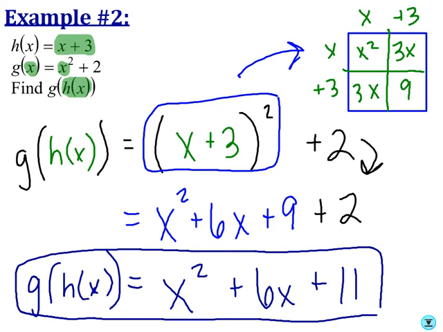Always use parentheses. If you have negatives, sometimes those get lost if you're not using your parentheses correctly. That can be a huge game changer when you simplify your function and can make your composite function completely incorrect. So this is the end of our composite functions. All we're doing is substituting it in and then simplifying.